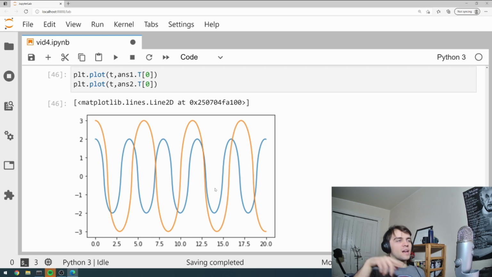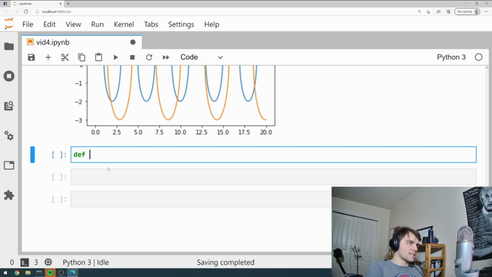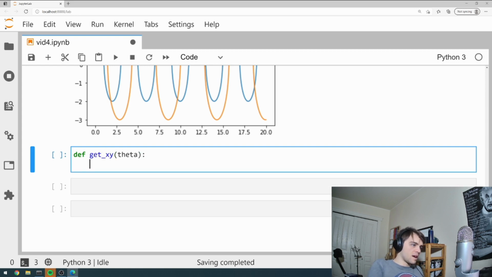I'm more interested in what x and y look like as a function of time. So let's create an animation of x and y. So first I'm going to write a function that takes in theta and it returns xy. So def get xy, takes in theta, and it's going to return xf of theta, yf of theta.